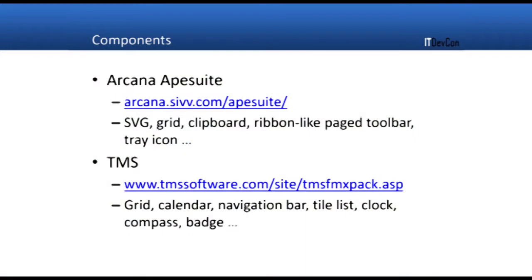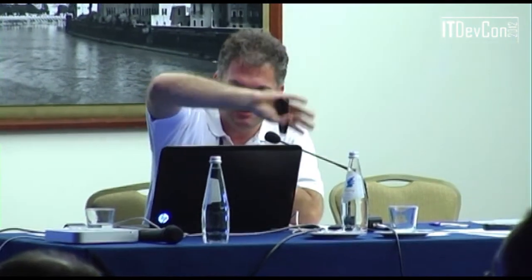And TMS has recently released the full FireMonkey pack. It has a very powerful grid, calendar, navigation bar, which is the navigation on the left side of the application, clock, and controls like compass, badge control, which gives you a number inside a small badge, like the number of waiting emails and so on.